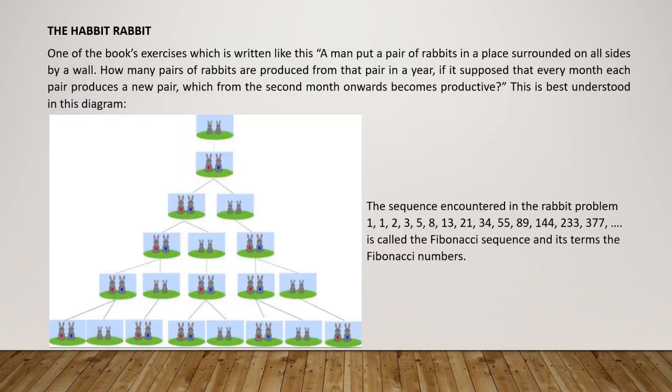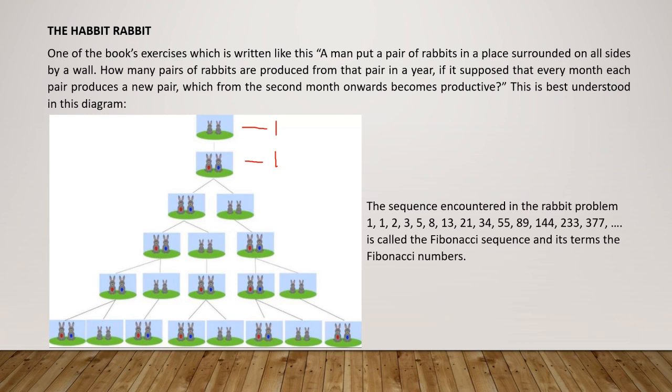Now let us illustrate the Fibonacci sequence using rabbits. Let's say we have one pair of rabbits. Now it is said that it takes 1 month for the rabbits to mature and produce their own babies. And so for the next month, we still have one pair.